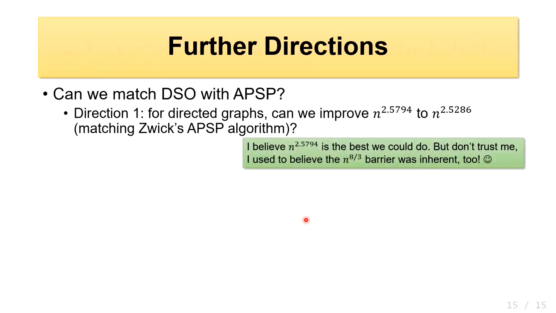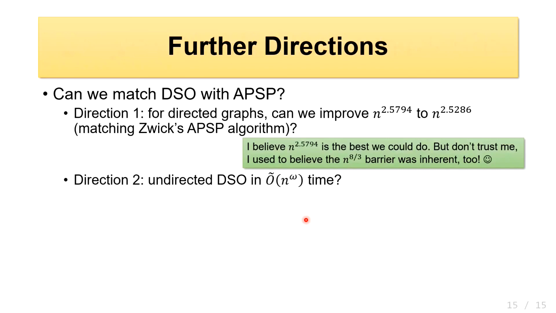Well, I believe this n^2.5794 may be somewhat inherent, maybe because of the way we use rectangular matrix multiplication. But of course, I'm not sure, and you shouldn't trust me because I used to believe the n^2.5286 barrier was inherent too. The second direction is to construct undirected DSOs in matrix multiplication time.